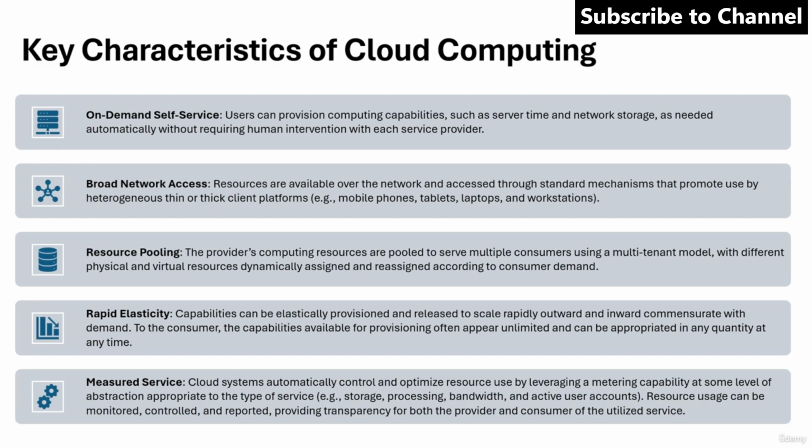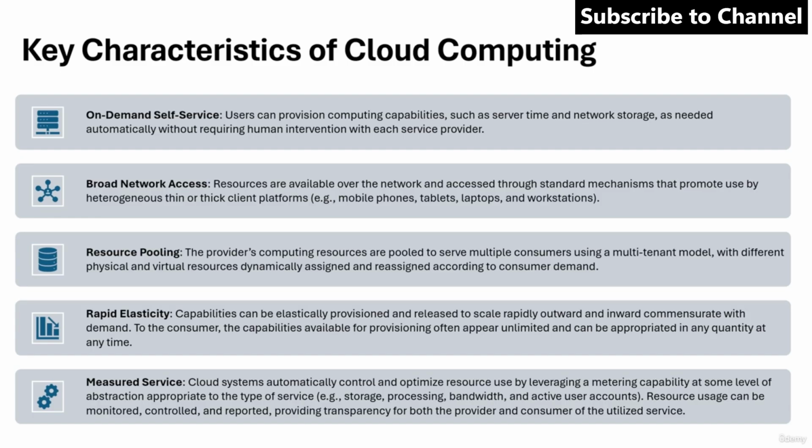Resource pooling is where the provider's computing resources are pooled to serve multiple consumers using a multi-tenant model, with different physical and virtual resources dynamically assigned and reassigned according to consumer demand. So resource pooling basically means certain physical or virtual resources are assigned to, say, person A at a specific time. Then once he finishes his use, the same thing is assigned to someone else on their consumer demand.